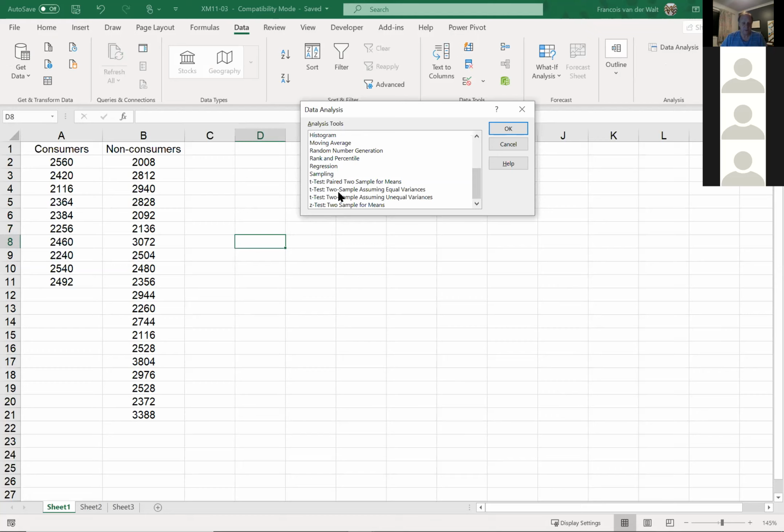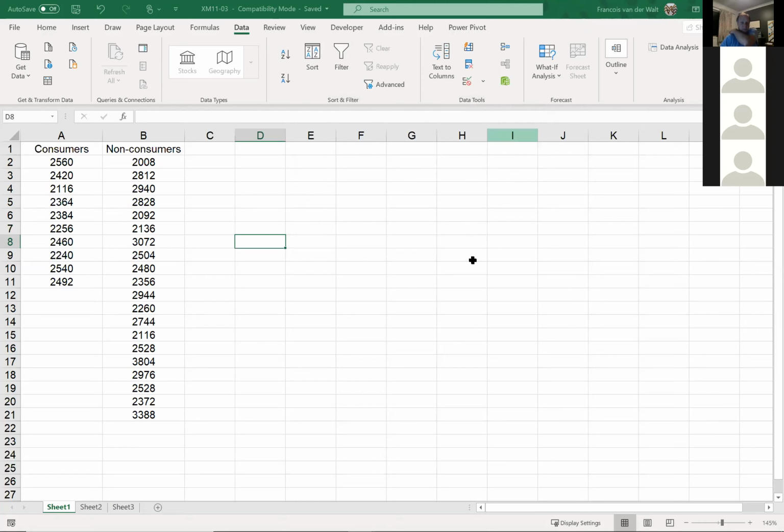Two sample assuming equal variance, no, we don't assume equal variance either. Do we want to do two sample assuming unequal? And can you see it's a t-test? So which of those three should we choose? Two sample assuming unequal variance. That's right. The second one from the bottom. That one. Okay. You're right.